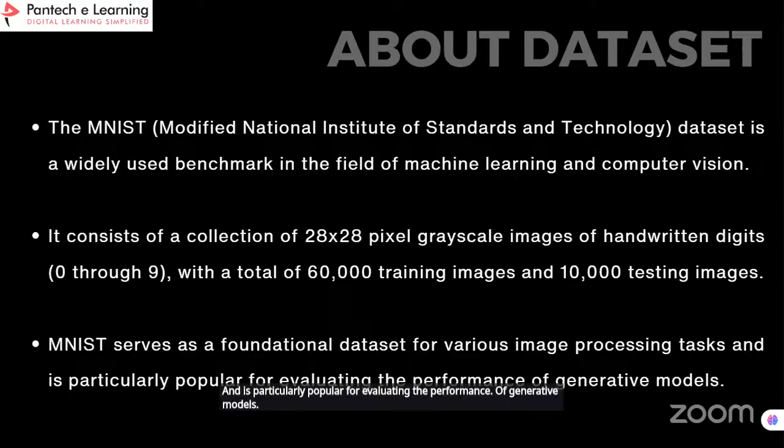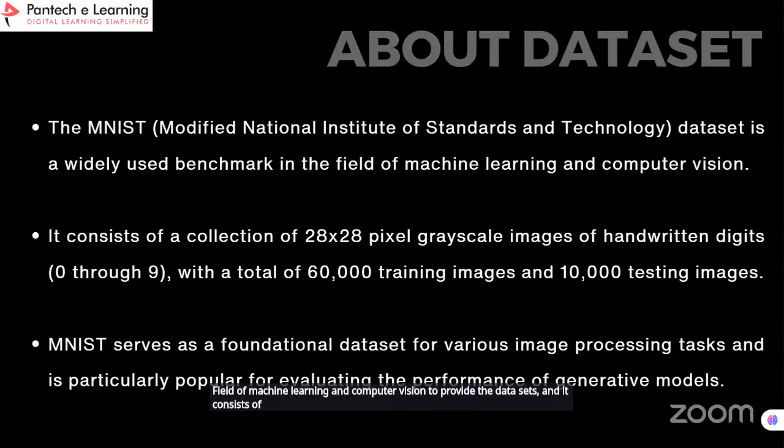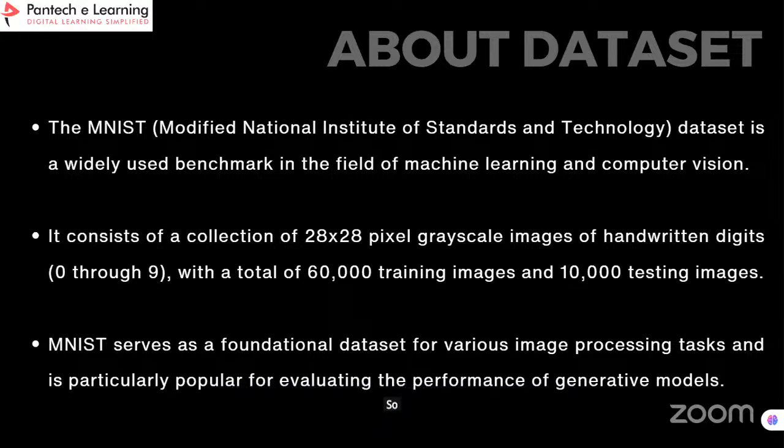So the first point: the MNIST institution created a benchmark for the field of machine learning and computer vision to provide datasets, and the images are 28 by 28 pixels, which fits these GAN models.